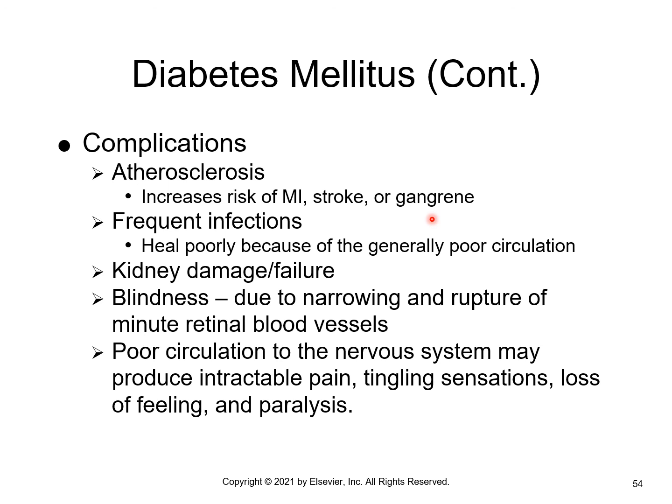It can cause narrowing and rupture of those tiny retinal vessels of the eyes, which often leads to blindness in diabetics. And it can cause poor circulation to the nervous system, which may cause a lack of sensation, especially in the extremities, or tingling sensation.